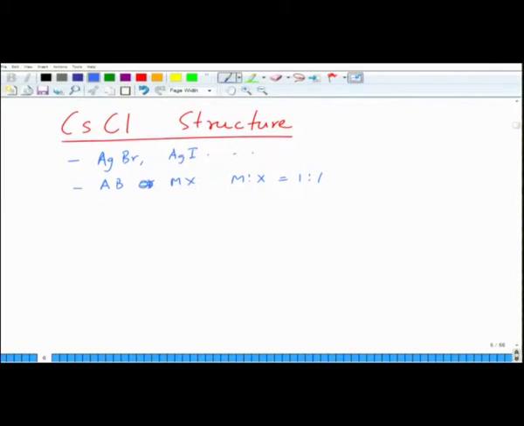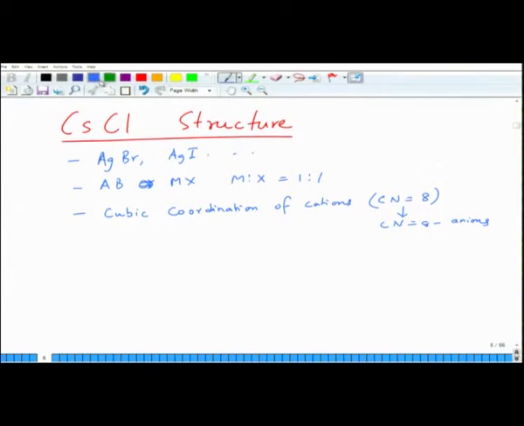So, in this structure, based on radius ratio, we have cubic coordination of cations, which means coordination number is 8. This also results in coordination number of 8 for anions, if you apply the bond strength rule.